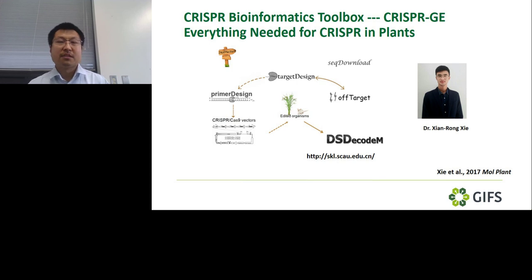And if you are not sure about designing the oligos or primers that will be used for the targets, you can use the primer design. If you're worried about off-target effects that potentially exist in other loci of your genome, you can use the off-target tool to make sure that your targets are specific enough.